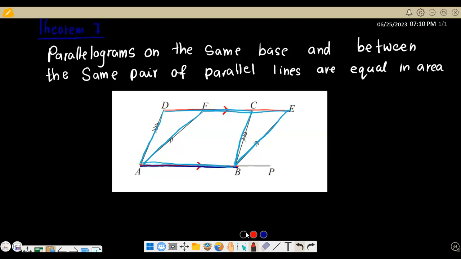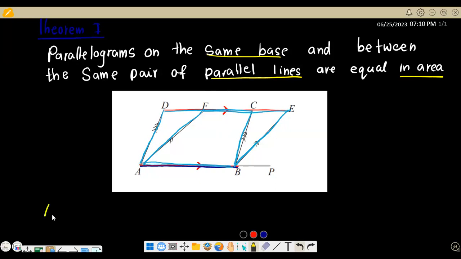දැන් එතකොට මේ first theorem එකෙන් මොකක්ද කියන්නේ? The parallelograms on the same base, on the same base and between the same pair of parallel lines are equal in area. Their areas are equal.